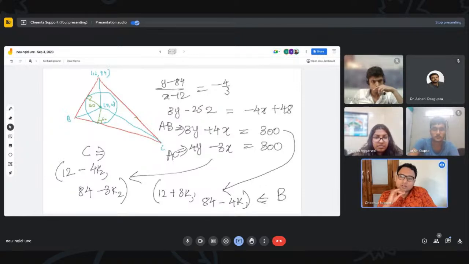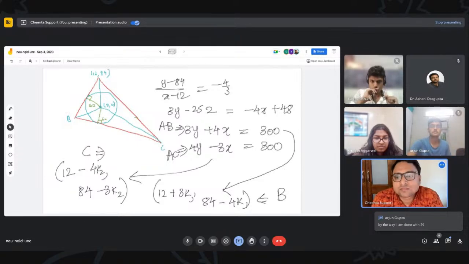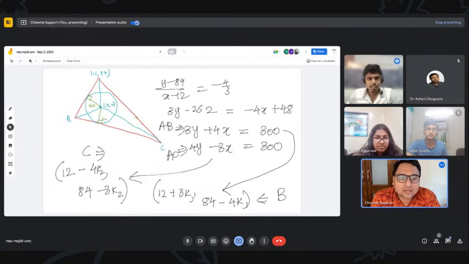Isn't there like only one way to do this? Maybe not. Okay. Yeah, I think since it is asking for lattice points, we have to solve the Diophantine. So, anyways, we are going correct as far as I know.